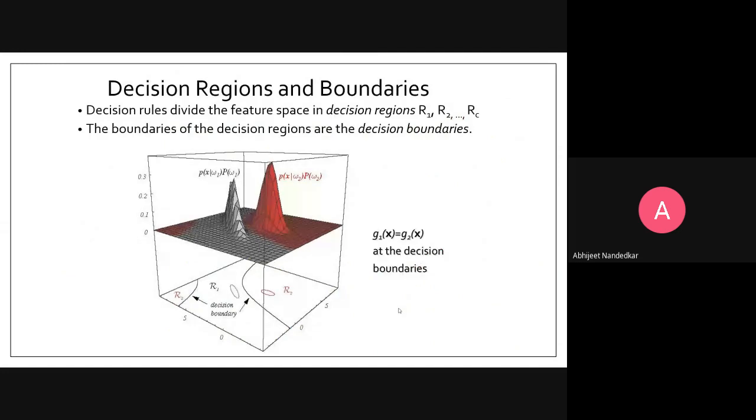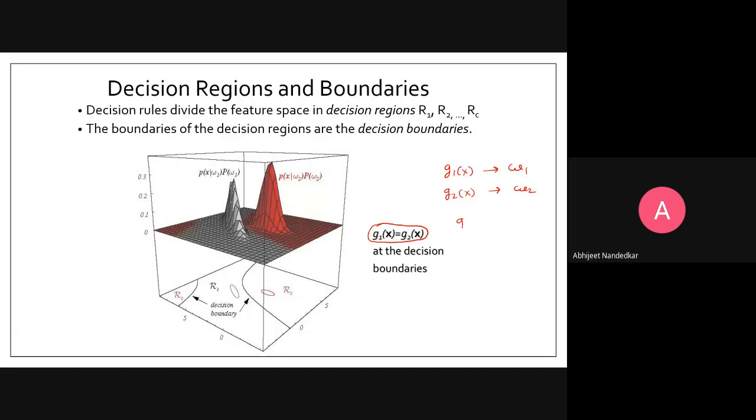Now, if I do like this, I find out g1x, I find out g2x, then the decision boundary will be at g1x equal to g2x. So g1x is responsible for omega 1, g2x is responsible for omega 2.